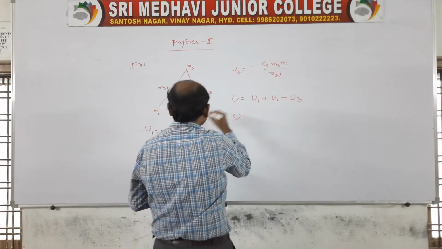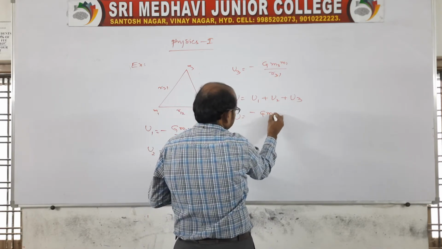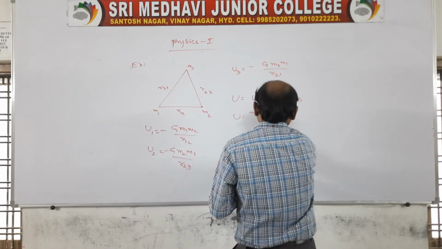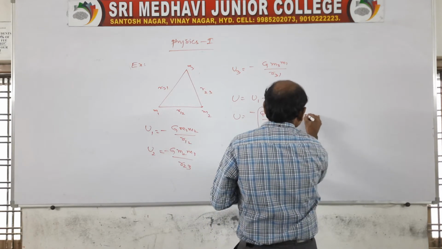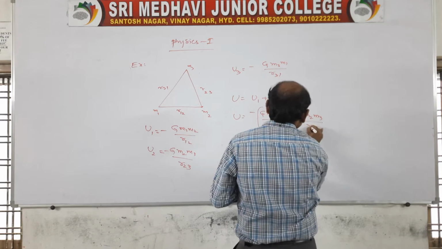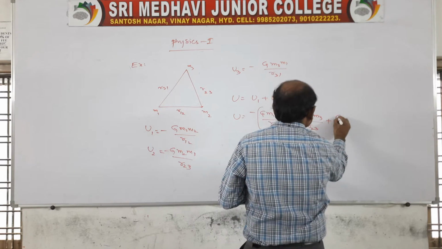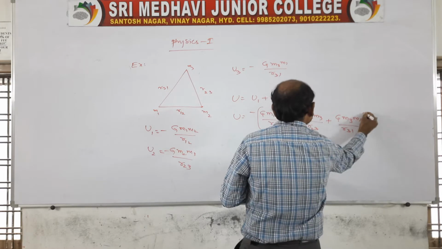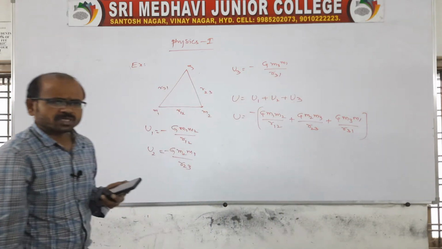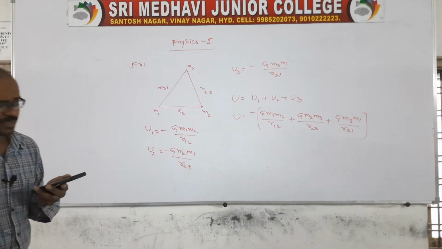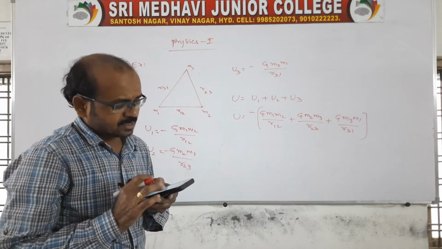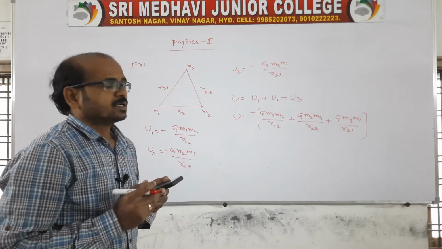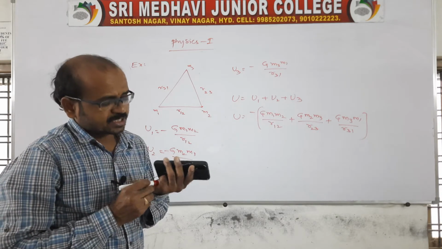Then you take a minus common: minus G m1 m2 by r12 plus G m2 m3 by r23 plus G m3 m1 by r31. Whatever the particles are given which are placed at the corners like this, this is the way we get the resultant potential energy.